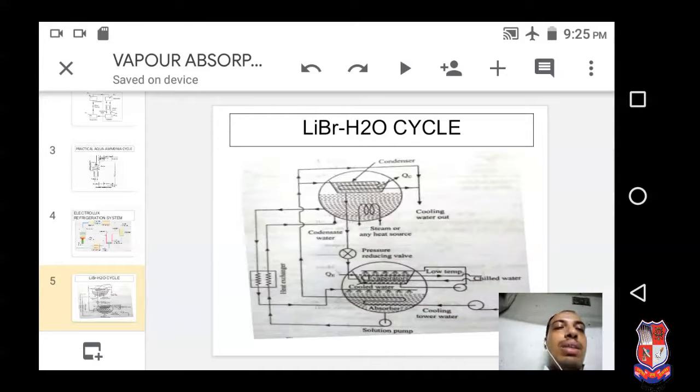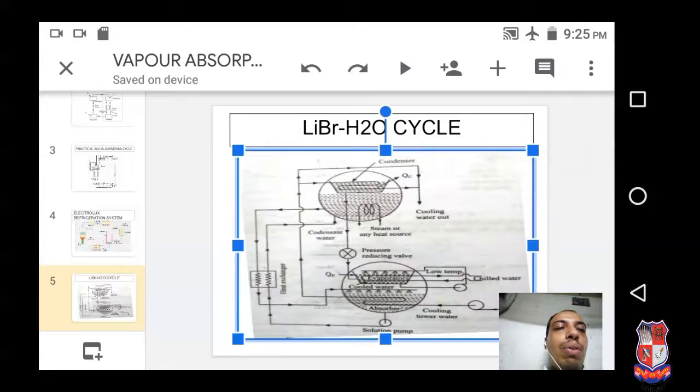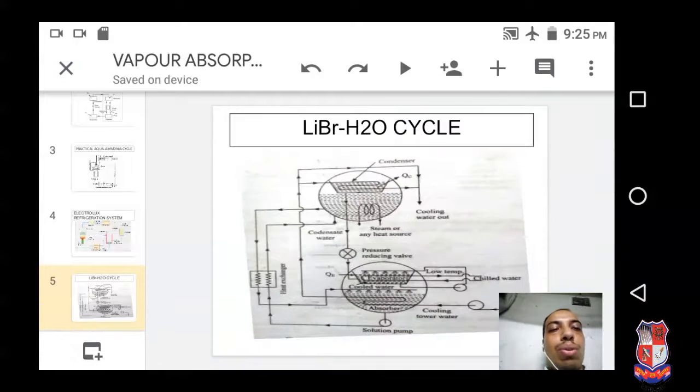I already explained that water is the refrigerant, so we cannot use this cycle below 4 degrees Celsius, because at 4.19 degrees Celsius water has its maximum density, and at or below that temperature the water molecules will become steady and start to become ice.